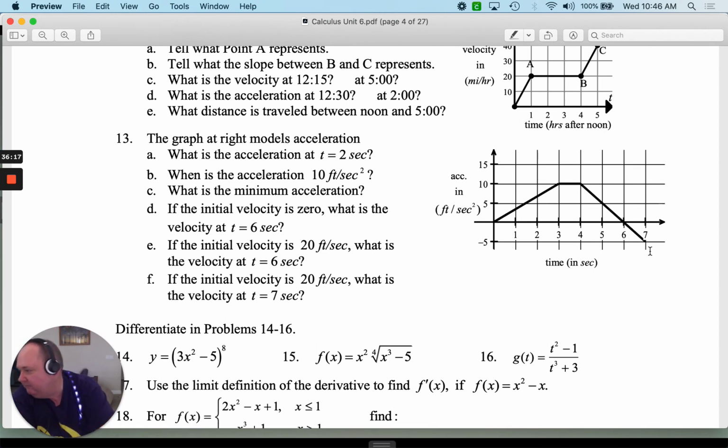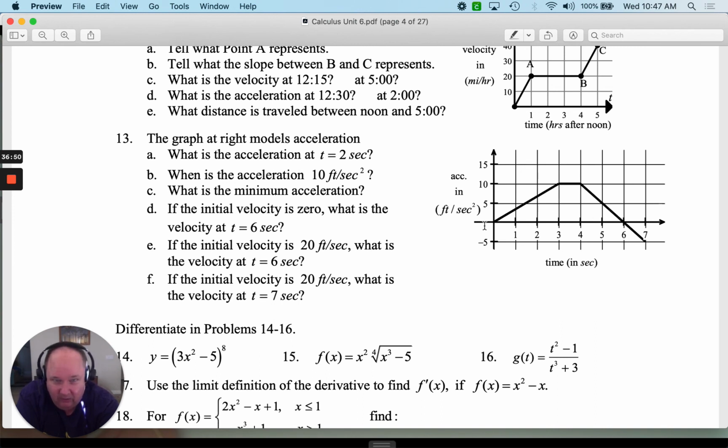D. If the initial velocity is 0, what is the velocity at 6 seconds? So if the initial velocity is 0, then we integrate from 0 to 6. You integrate the acceleration. So we're going to start at 0 and then add the areas that I see. So that's a triangle.